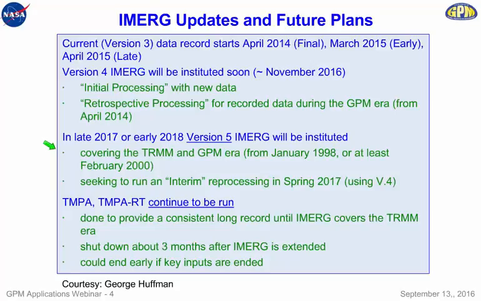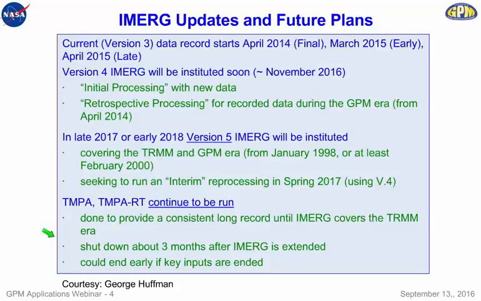So it covers both TRMM and GPM era precipitation, and it will have a long time series for climate applications. This will be available most likely in early 2018. That is already happening, procedures are already going on, and all data will be available at half hour, 1/10 degree resolution when version 5 comes out.